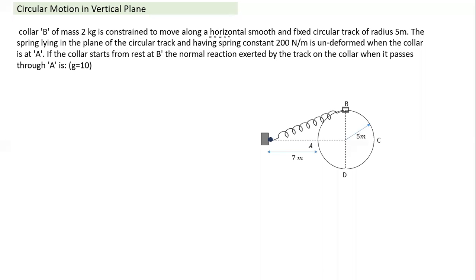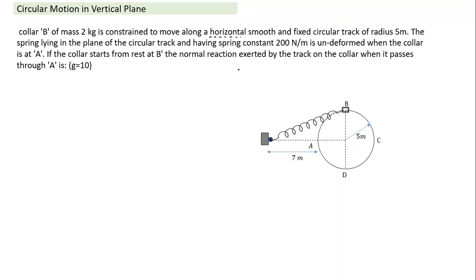So right now, if it is in a horizontal plane, at all points in this circular motion, its gravitational potential energy is not changing. So gravity is not coming into effect. And this circular track here, a LEGO kind of track, has a radius of 5 meters. The spring is lying in the plane of the circular track.